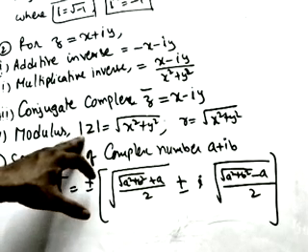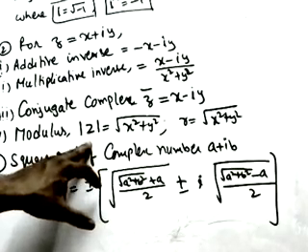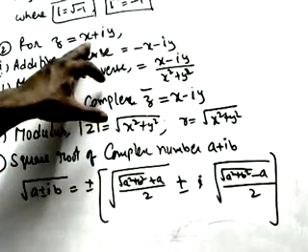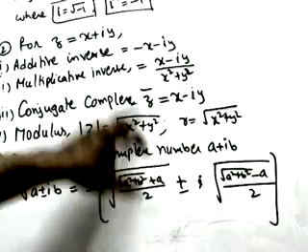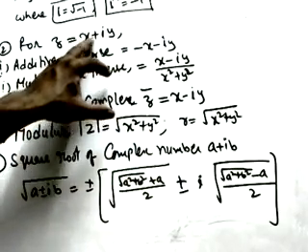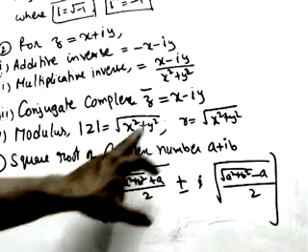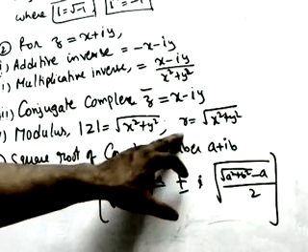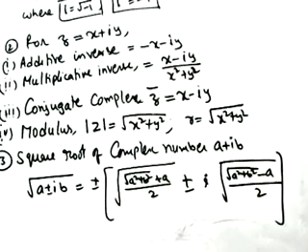Now modulus means magnitude, denoted by mod z, and its value is under root of x square plus y square. It is real square plus imaginary square. We don't take i, just x square plus the imaginary part y square. Sometimes we denote mod z by r also, so r is written as under root of x square plus y square.